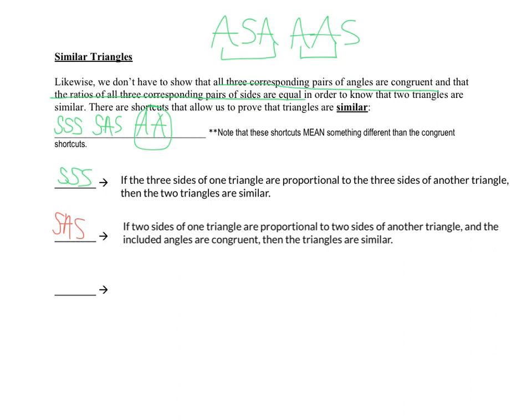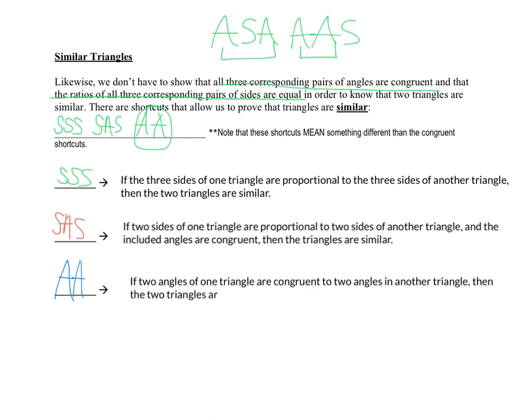Okay, our last one is angle, angle, which is the easiest one to explain. And this one says if two angles of one triangle are congruent to two angles in another triangle, then the two triangles are similar.